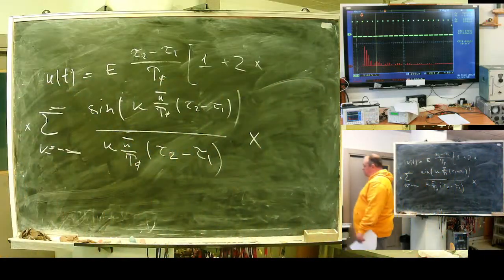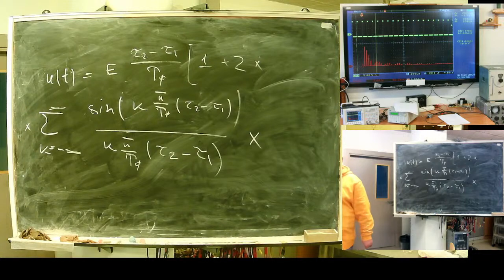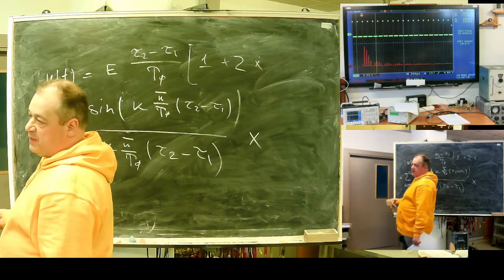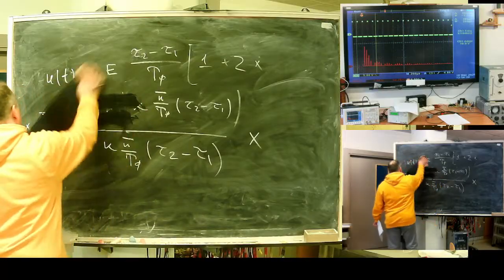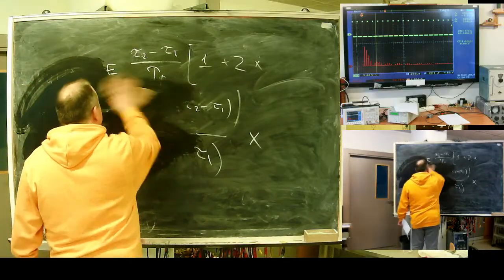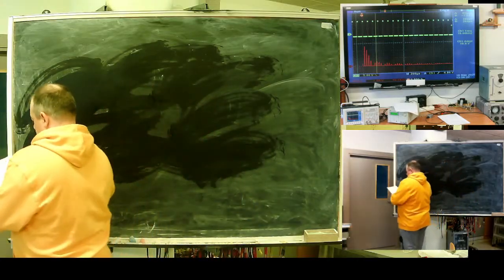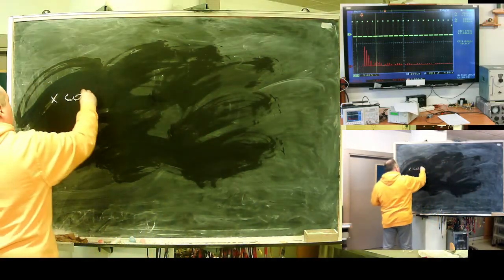One second, I will write a formula for it. It's not so simple. I have one sequence with one frequency, but look at the spectrum. It's a long set of spectral lines of delta functions. One second, I will continue my formula.